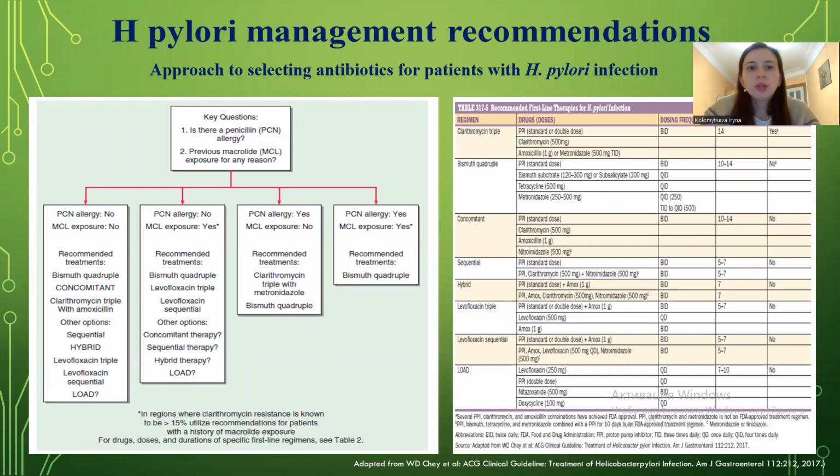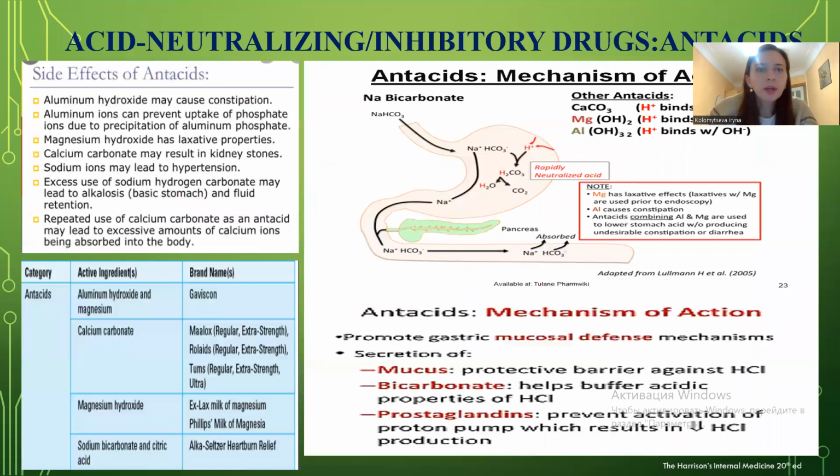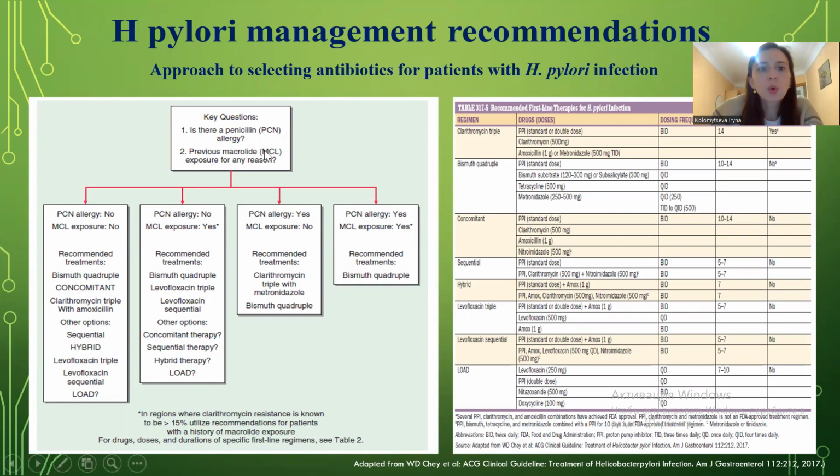And you see the approach to selecting antibiotics for patients with Helicobacter pylori. Okay. The key questions are penicillin allergy and previous macrolide exposure, and there are several variants of answers.